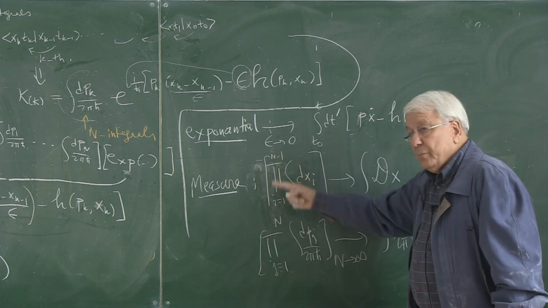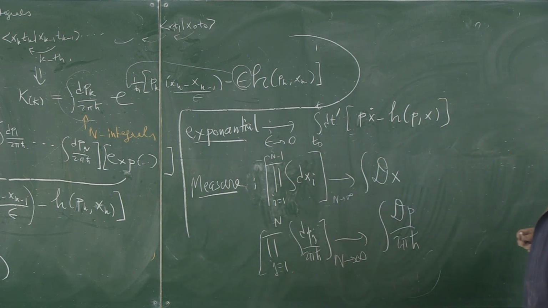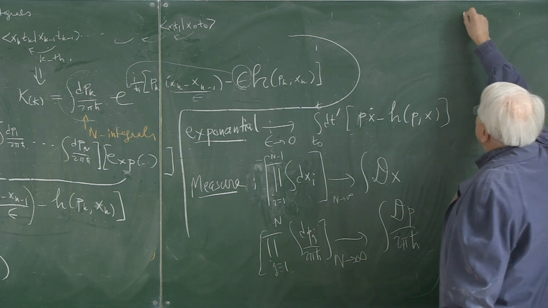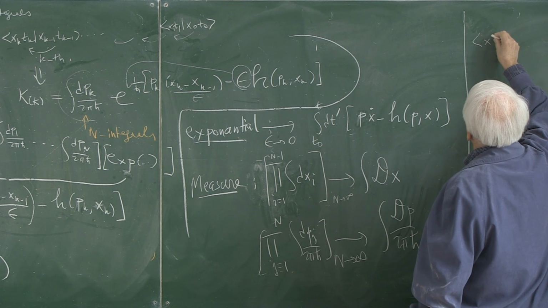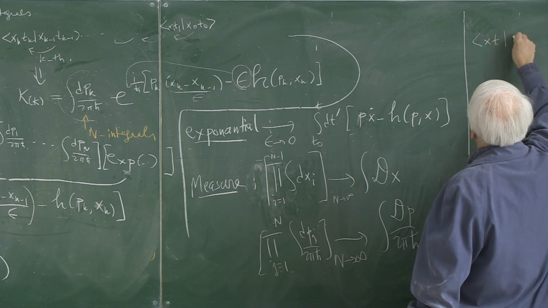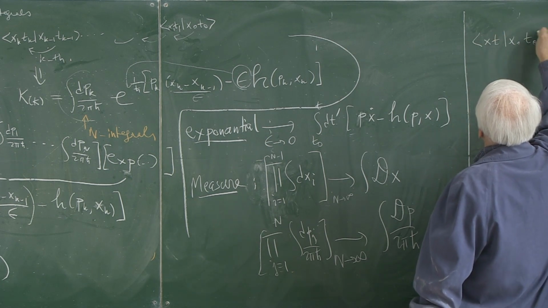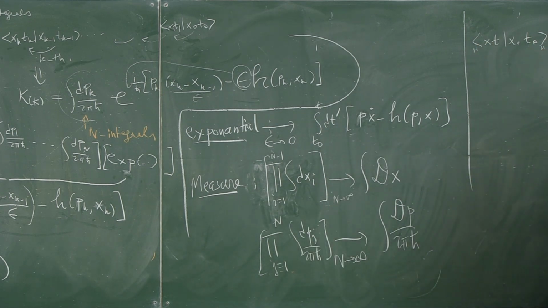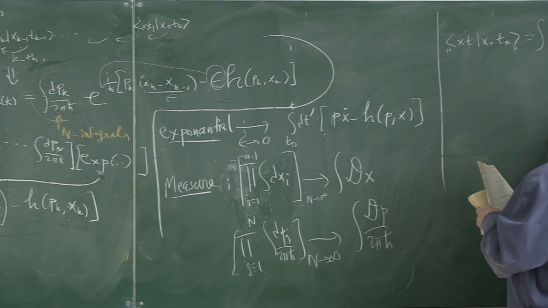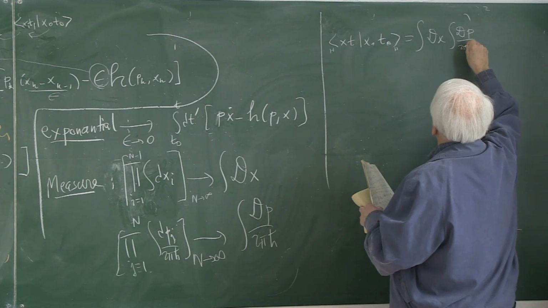Notice the mismatch in numbers. Therefore, at the end of the day, I write the Feynman transition amplitude of x, t and x_0, t_0. Of course, when you put the times explicitly as a label, this is the Heisenberg picture transition amplitude. It becomes, that's the final result, Dx Dp divided by 2 pi h bar.